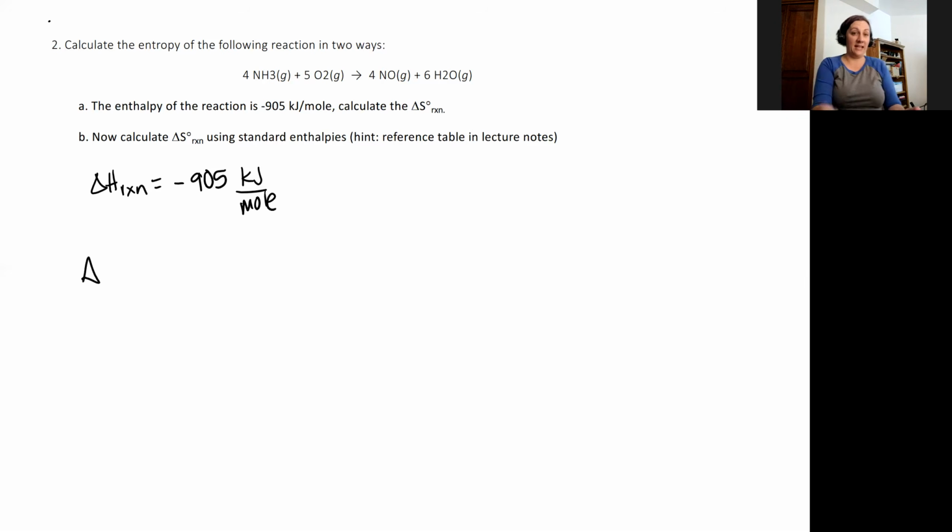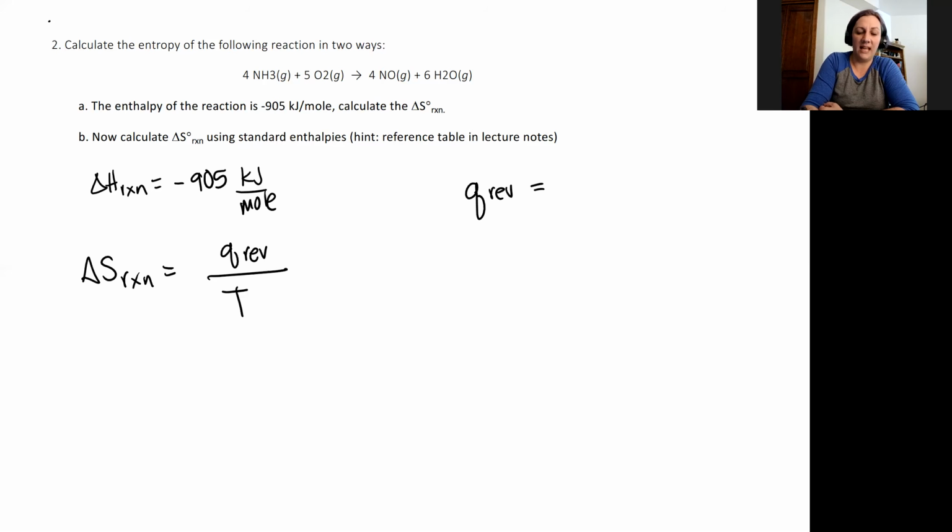That delta S for the reaction will be equal to the heat that's transferred for the reverse process divided by temperature. The opposite of the forward reaction's heat would just be the reverse, so the heat of the reverse will be equal to the negative of the heat of the forward reaction.